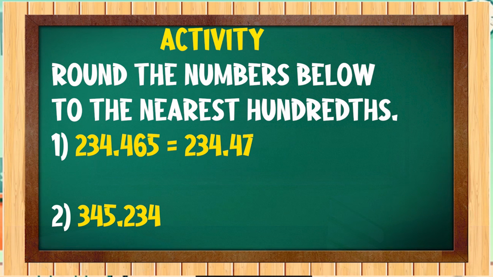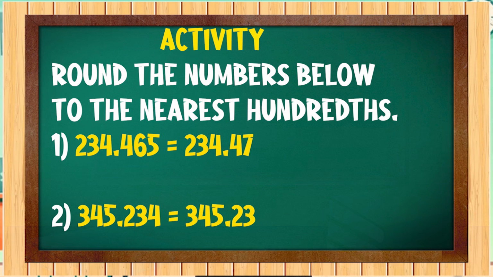So 234.465 rounded to the nearest hundredths is 234.47. 345.234 rounded to the nearest hundredths is 345.23.